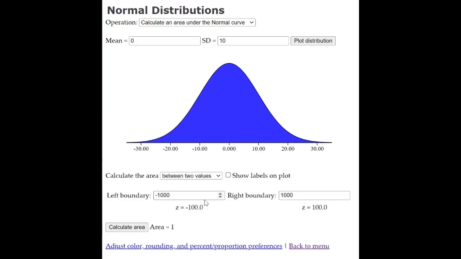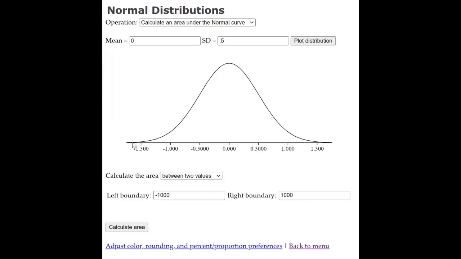Now you might be saying, well, what about the smaller the standard deviation, the taller the curve? It's kind of hard to tell here. I'm going to go to a small standard deviation because this automatically scales this way, but you can see that it doesn't take as long. So I'm going to put 10 here. This one is a wider curve because it's negative 30 to 30, so this would look flatter.